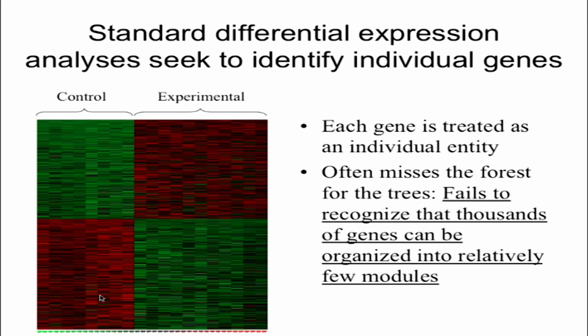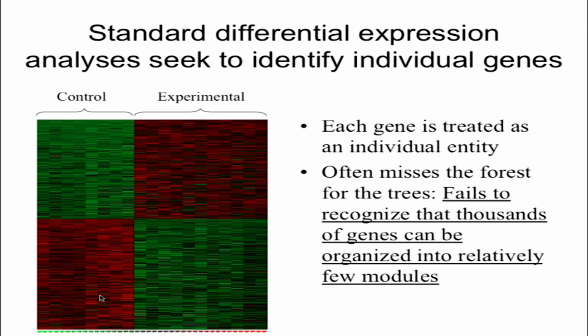A standard differential expression analysis looks at each gene in isolation and just produces a t-test p-value or a fold change. The problem is that it often misses the forest for the trees because it doesn't recognize that thousands of genes can be highly correlated with each other.